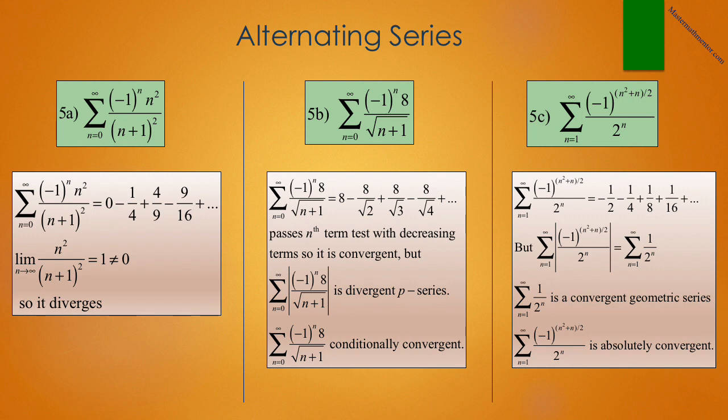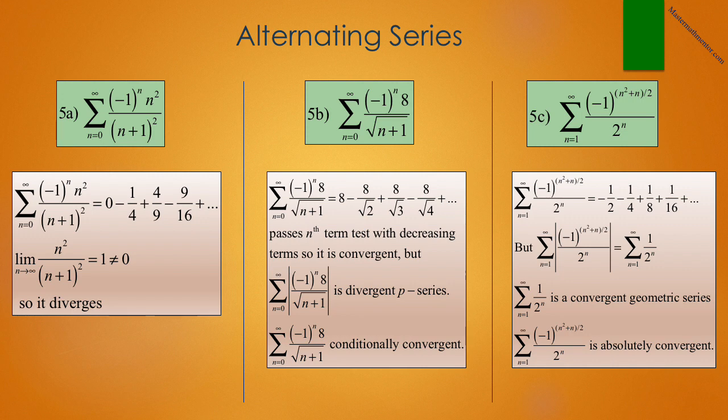This is negative 1/2 minus 1/4 plus 1/8 plus 1/16 plus ... We realize, though, that summation n equals 1 to infinity of the absolute value of negative 1 to the n squared plus n over 2, all over 2 to the n, is the same thing as summation n equals 1 to infinity of 1 over 2 to the n.